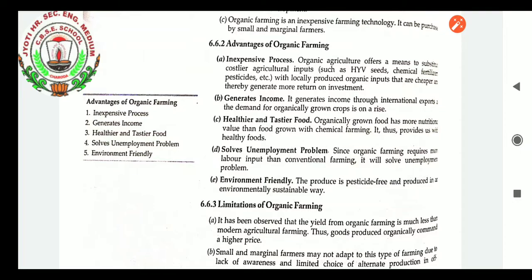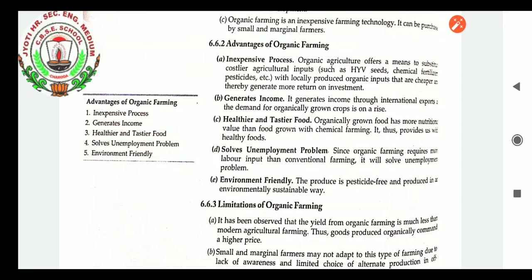So that is the very first advantage, that is inexpensive process, because the fertilizers are made from the waste of the vegetables and the waste of the animals. So that is very easy to make and very less costly.